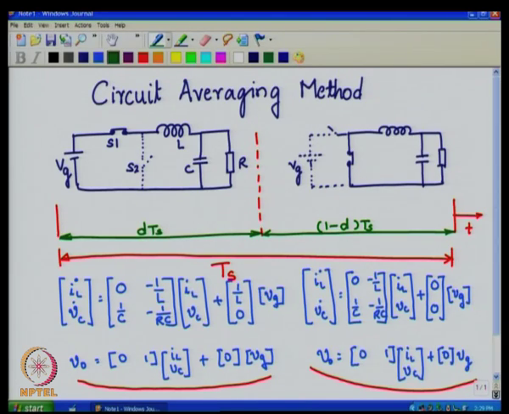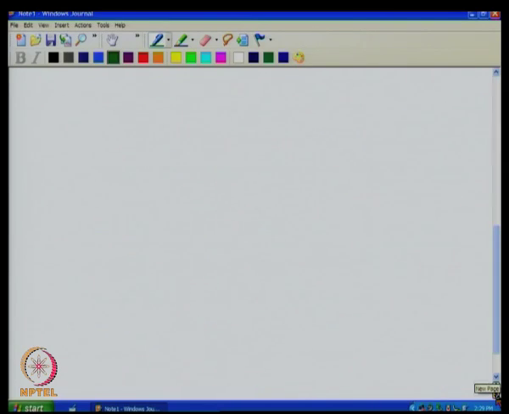So, this portion of the period becomes dTs, where d is lowercase, and 1 minus dTs, again d is lowercase. Why did we do that change? So, let us revisit some of our earlier concepts to know why we are doing this specific change.